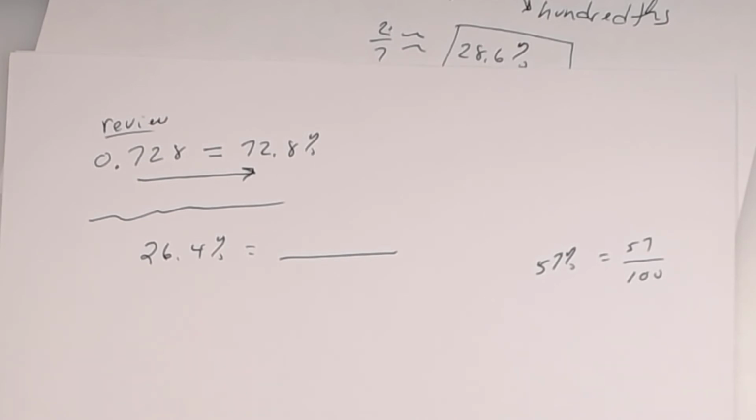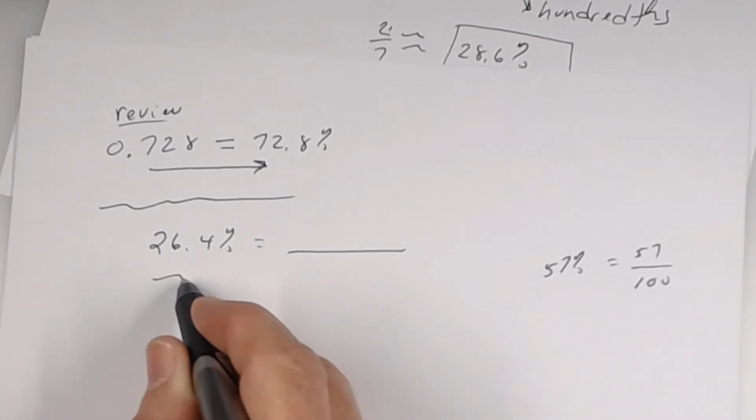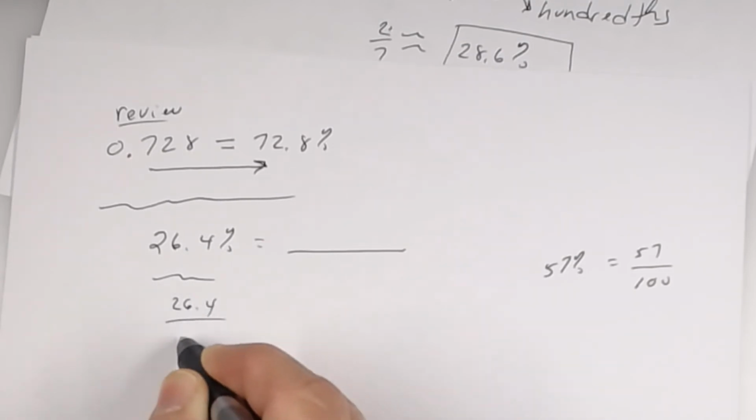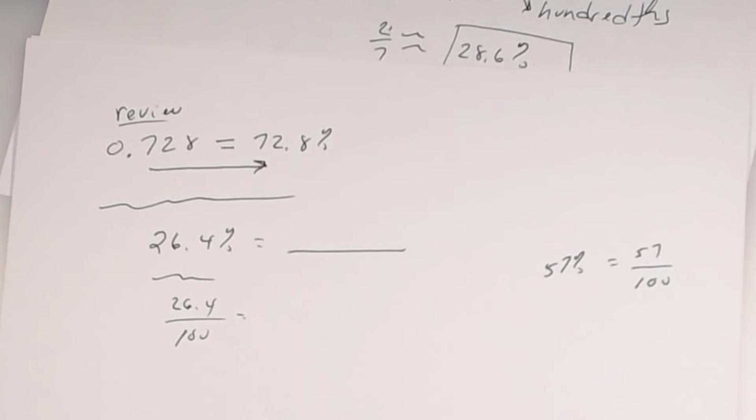So if you're having difficulty remembering which way to go, so if you have the percent 26.4%, remember, that means the same thing as 26.4 divided by what? 100. So put that on your calculator. Go ahead and put that in your calculator. So 26.4 divided by 100.